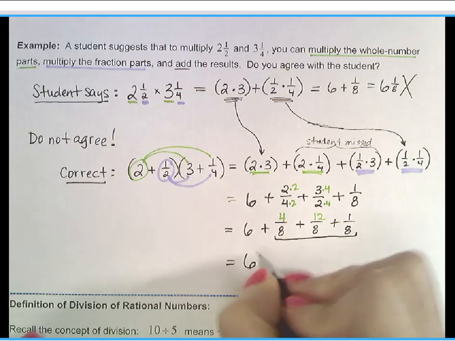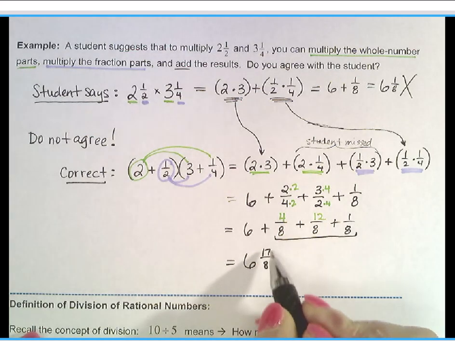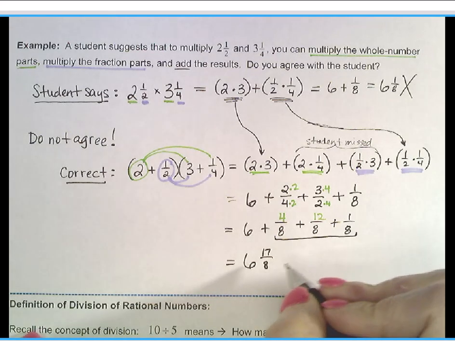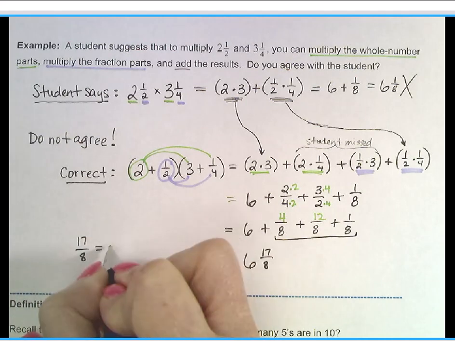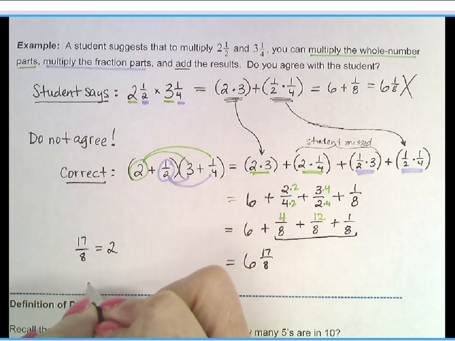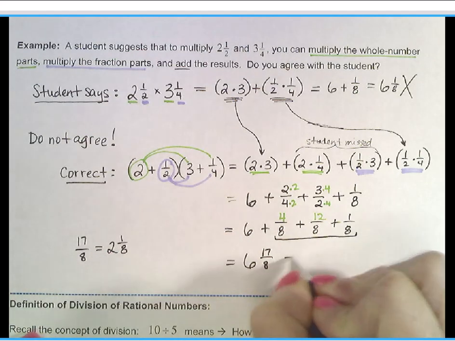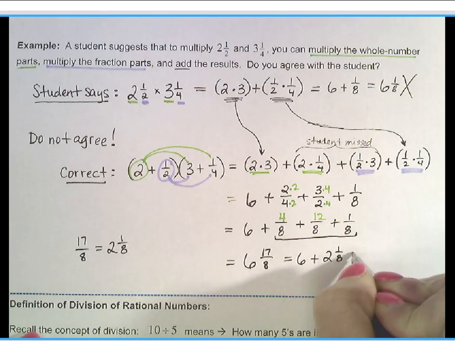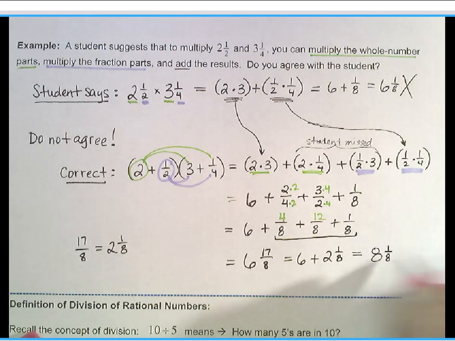That would be 17/8. But the problem is, you see how that's improper? You're not allowed to have an improper piece inside your mixed number. So if we take 17/8, how many times does 8 go into 17? It goes in there twice with 1 left over. So this is 6 plus 2 and 1/8, which would be 8 and 1/8.